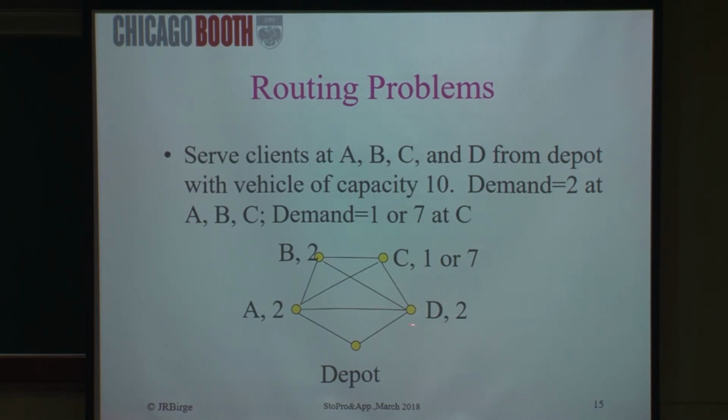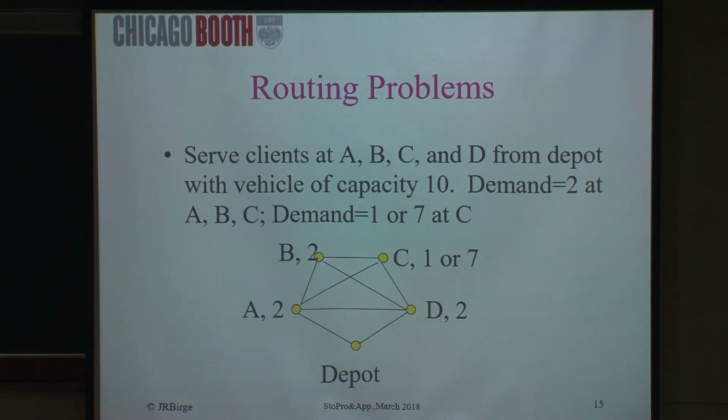And let's say I've heard how much is left in stations A, B, and D. So I know exactly how much I need to fill them, but I don't know how much I need at C. Either I haven't heard back from them, or maybe their machine isn't registering how much is left in their tank.